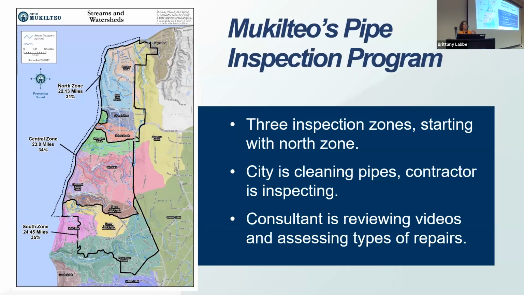The city's cleaning the pipes, and then the contractors are inspecting the pipes. They've already started with the north zone, and they've almost completed that. They're looking for grant funding to start with the central zone, and then follow with the south zone. The consultant's reviewing the videos and assessing the types of repairs.